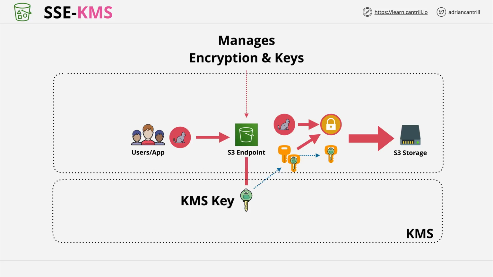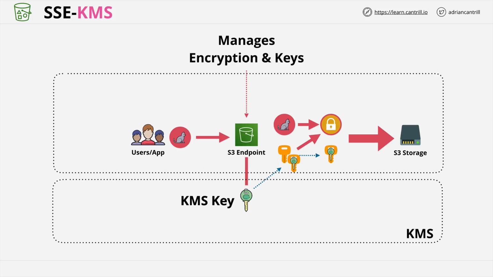When you upload an object and pick SSE-KMS for the first time, S3 liaises with KMS and creates an AWS managed KMS key. This is the default key which gets used when using SSE-KMS in the future. This means that every time an object is uploaded, S3 uses a dedicated key to encrypt that object.